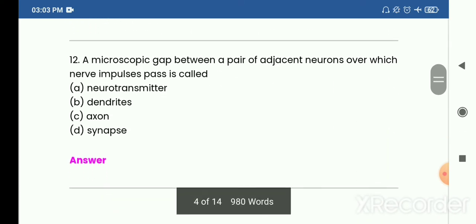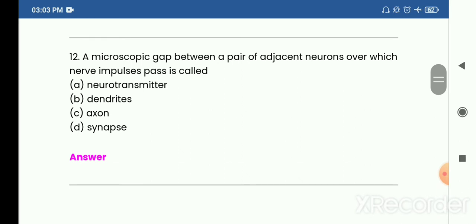Question number 12. A microscopic gap between a pair of adjacent neurons over which nerve impulses pass is called neurotransmitter, dendrites, axon or synapses. So here the answer is option D, that is synapse. Dendrites and axons are not the gap area, actually they are the parts of the neuron.